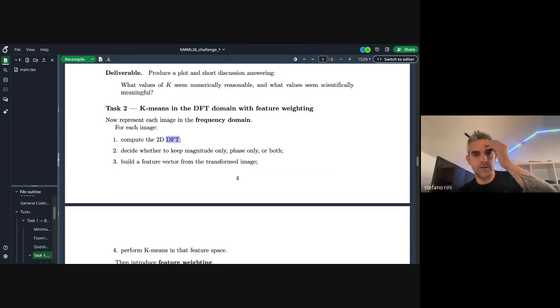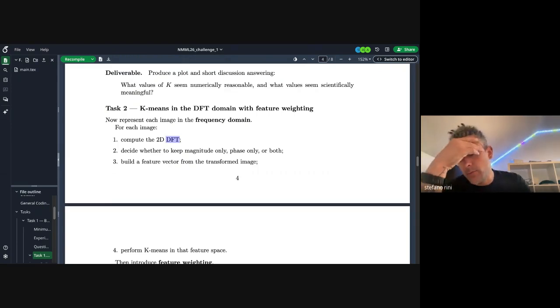It's something very intuitive. Basically, the 1D version of the discrete Fourier transform represents a discrete time signal as a set of frequency components. When you go to a 2D signal, you also have 2D waves that you can use to represent images.